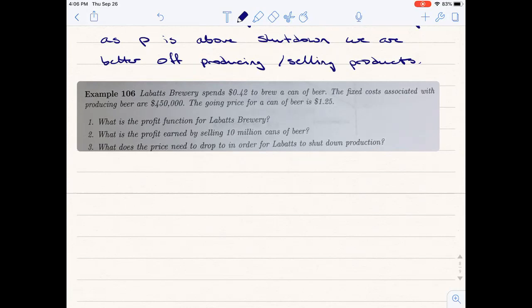I'm not sure if this is per month or per year, but it doesn't seem important.